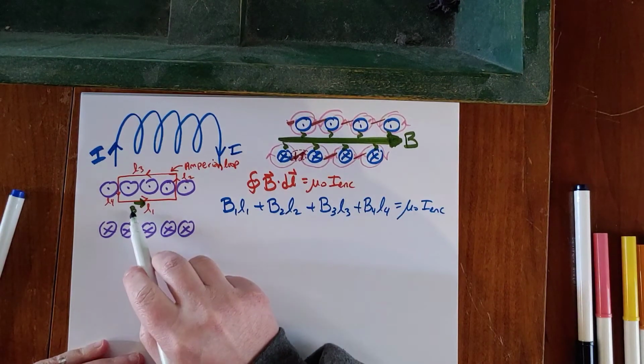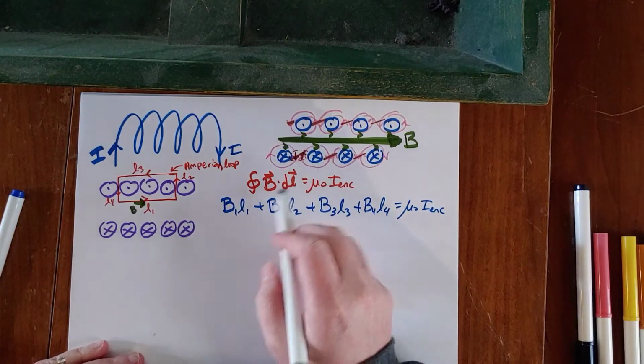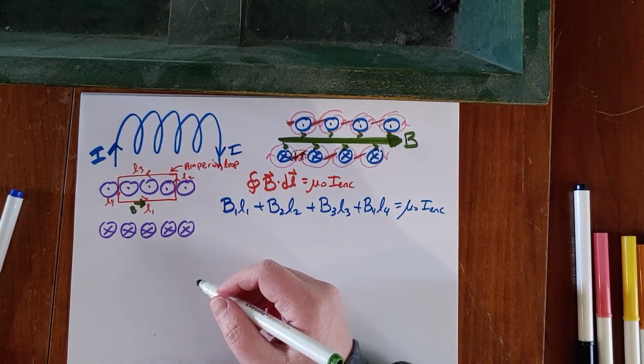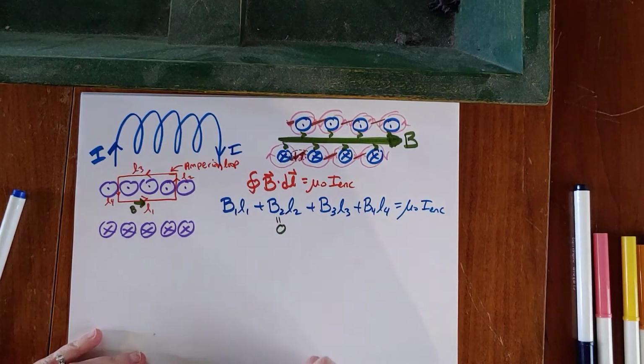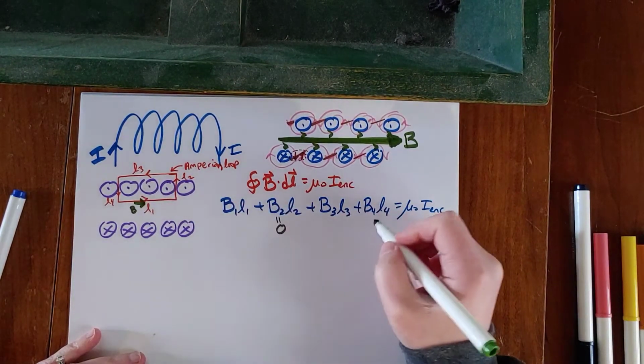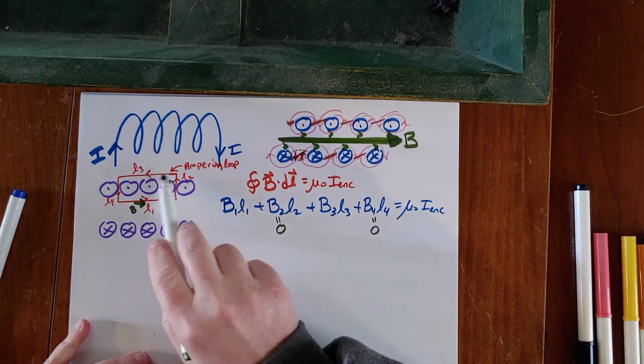Okay, so look at my B and look at my L, right? They're parallel. So the dot product, boom, nothing. Okay. B2 is 0. And B4 is 0, right? Groovy. What about L3? Look at this section.